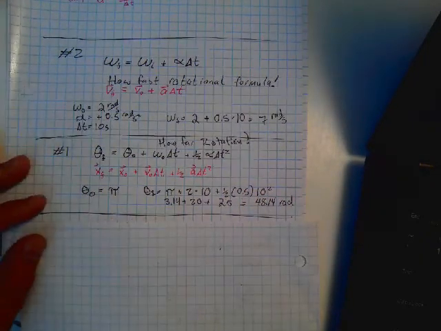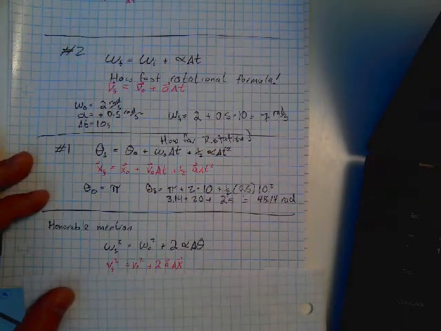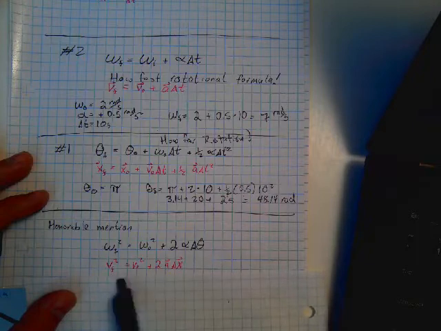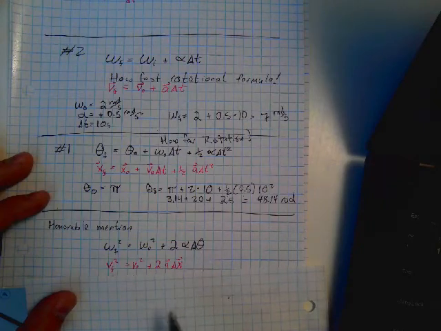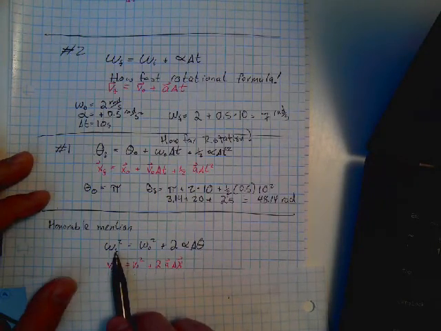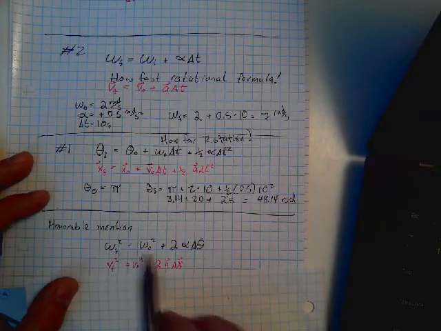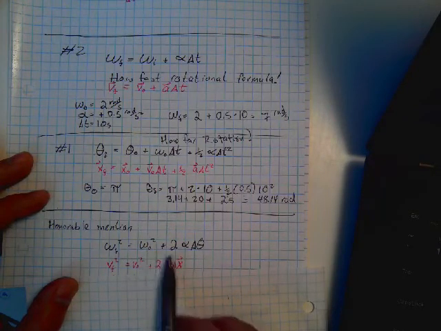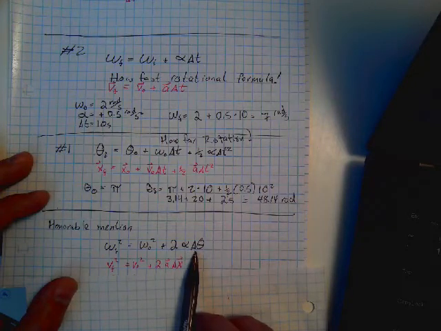Now, honorable mention, didn't quite make it in, would be our squared formula, our time-independent kinematics formula, the one that doesn't have time in it. So omega final squared equals omega initial squared plus 2 times the acceleration times delta theta.